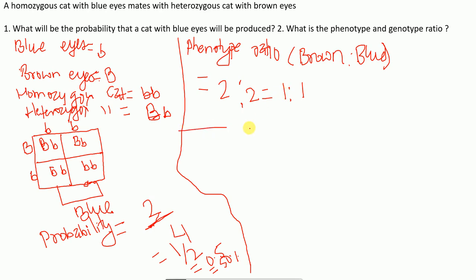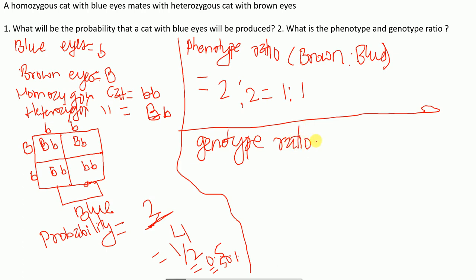Now what is the genotype ratio then? The genotype ratio is homozygous versus heterozygous. Look here: here we have homozygous recessive, small b, and here we have homozygous recessive, small b. But here we have heterozygous, right? And here also heterozygous.